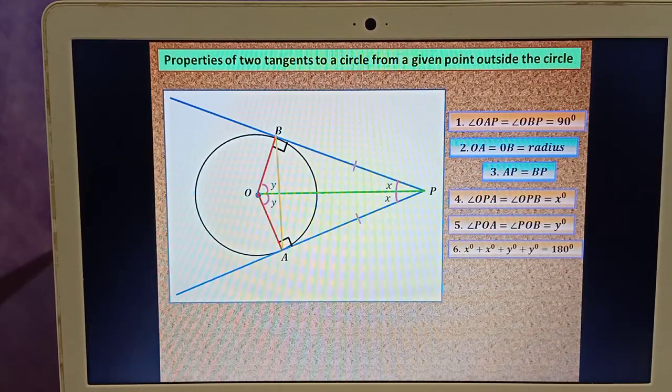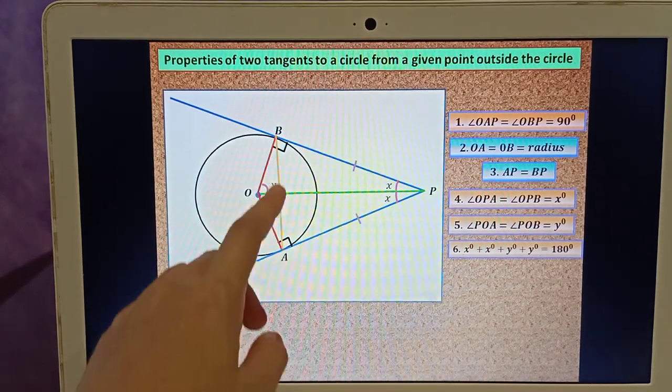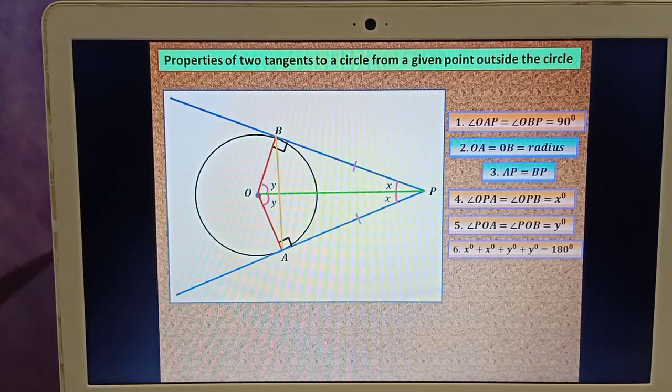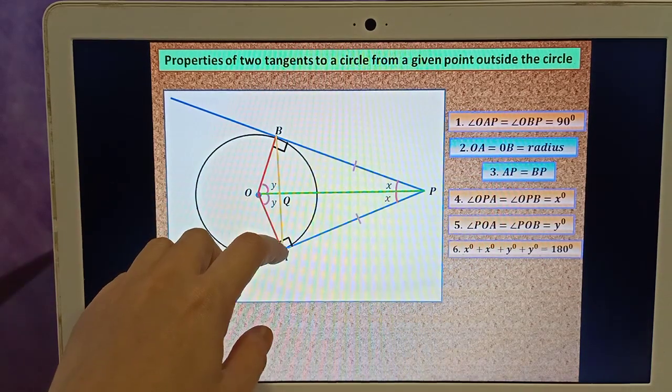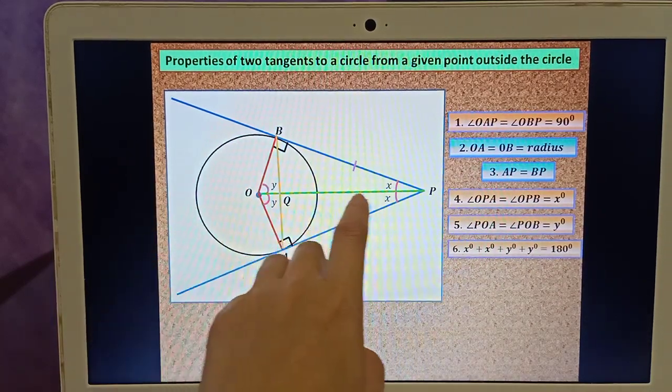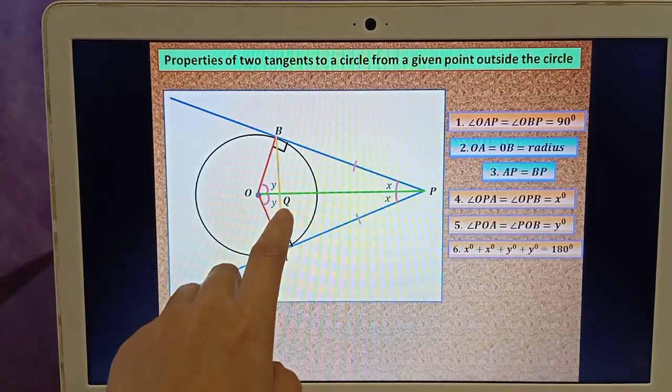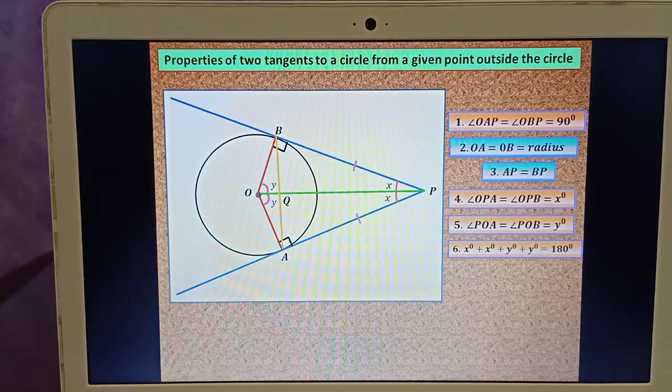And then if I draw a chord from point A to point B, what will happen? What conclusion can I get? Let's say the chord and the green colored straight line intersect at Q. I denote it as Q, so that it is easier to explain.